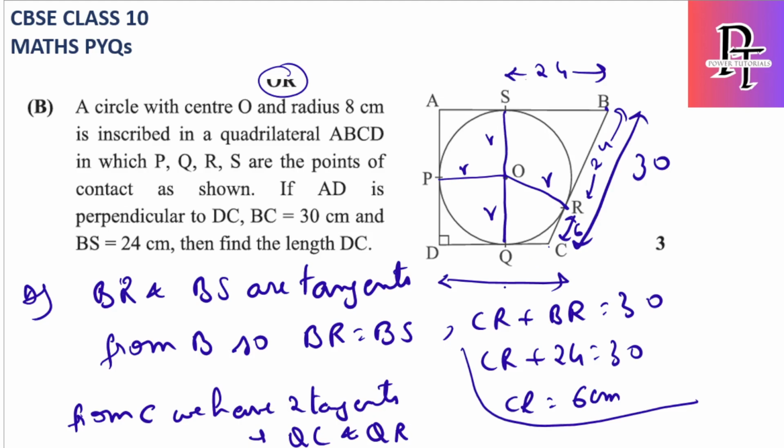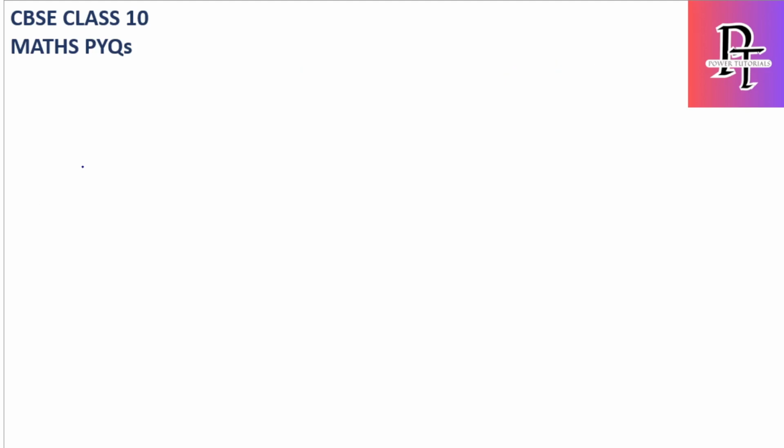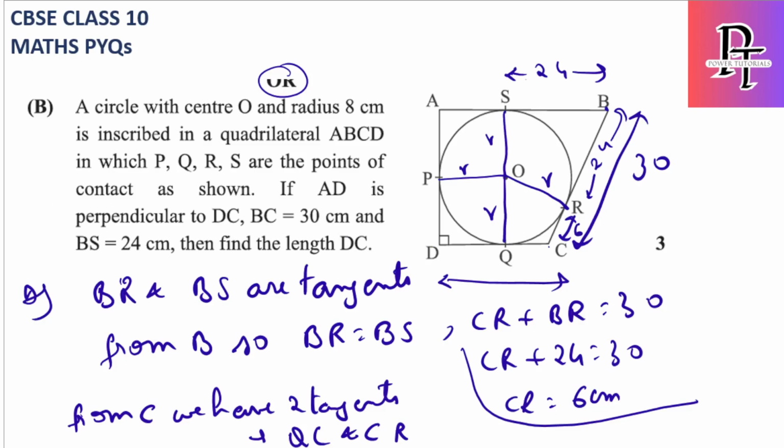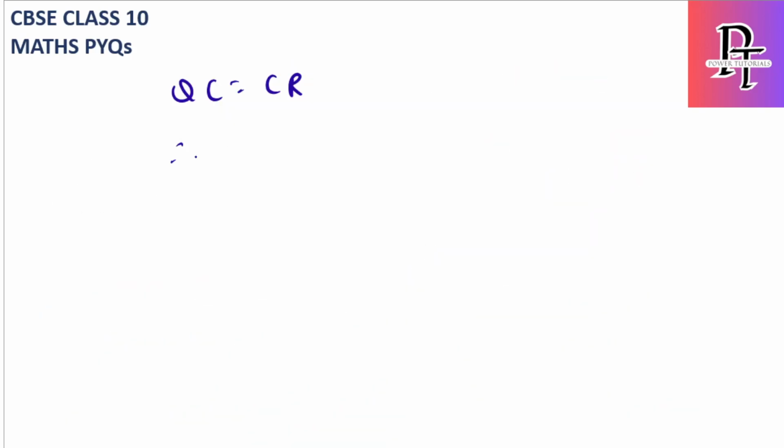So QC is equal to CR. CR we know is 6, so QC is equal to 6. Let's mark it 1.